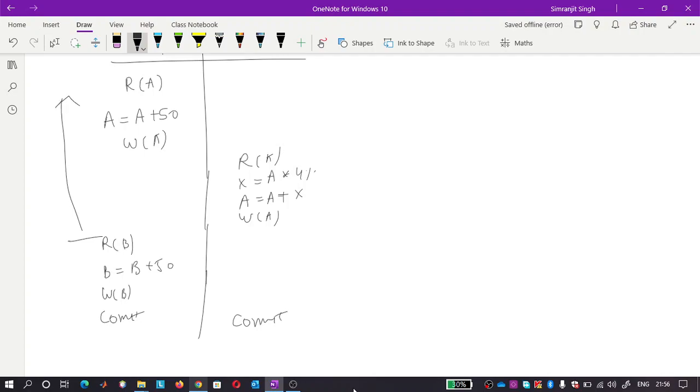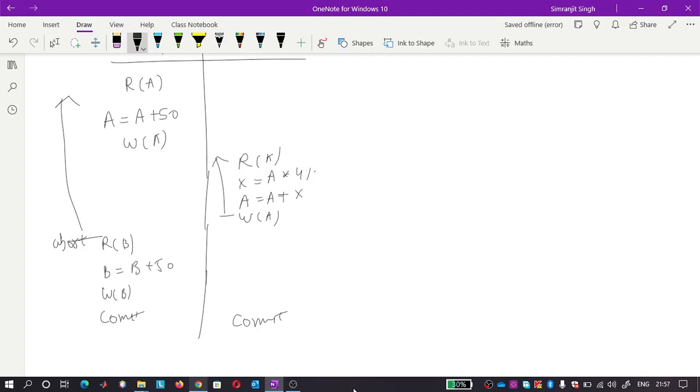So if T2 is aborted before the commit, then this schedule can be recoverable. So you can also roll back. But if there is a commit here, you cannot roll back and everything will be a problem here.